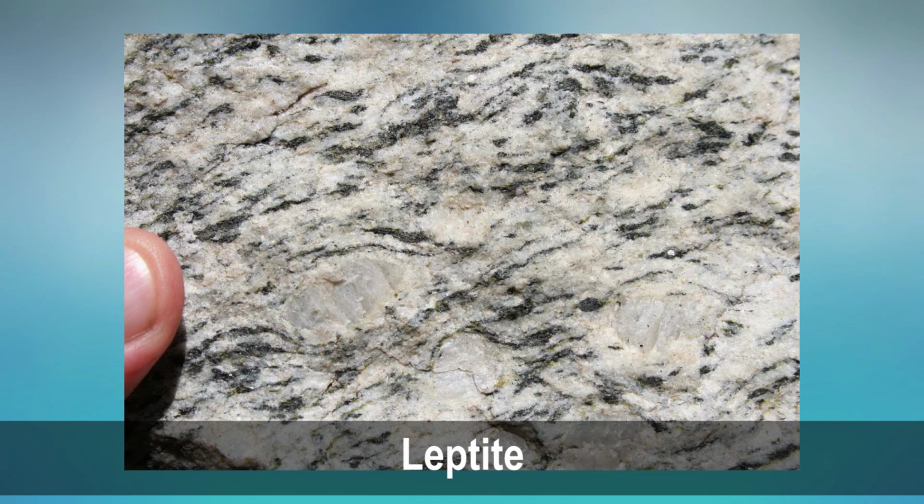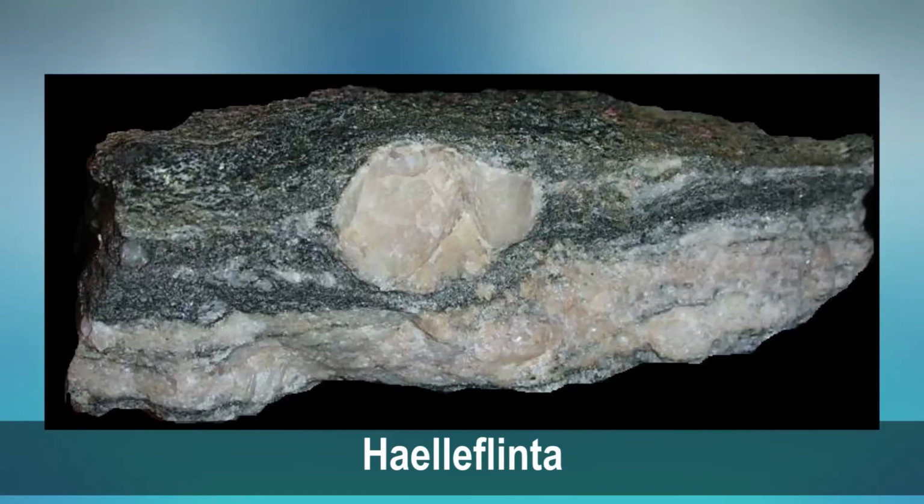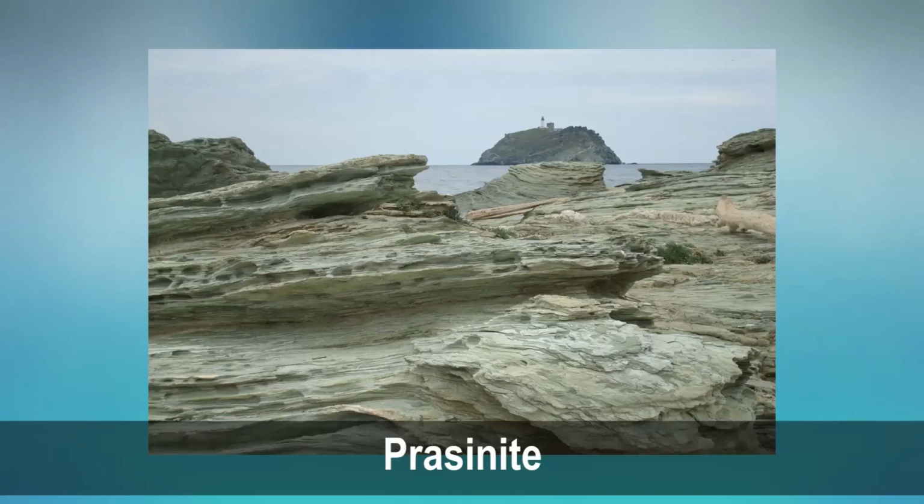It is composed of quartz and feldspar with subordinate mafic minerals. Hälleflinta, used in Sweden, a compact, fine-grained, granulose rock of horny aspect, often banded. Its mineral constituents are quartz, feldspar, mica, and chlorite.